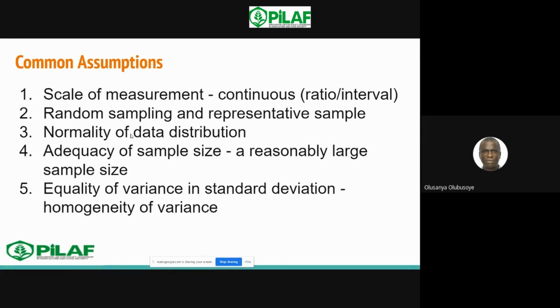It's a distribution in which the mean, the median, the mode, they coincide at the middle, and they divide the distribution equally. So it's bilaterally symmetrical. So any departure from there, it could be that it is skewed. Data that are skewed, you cannot use the t-test. Okay.